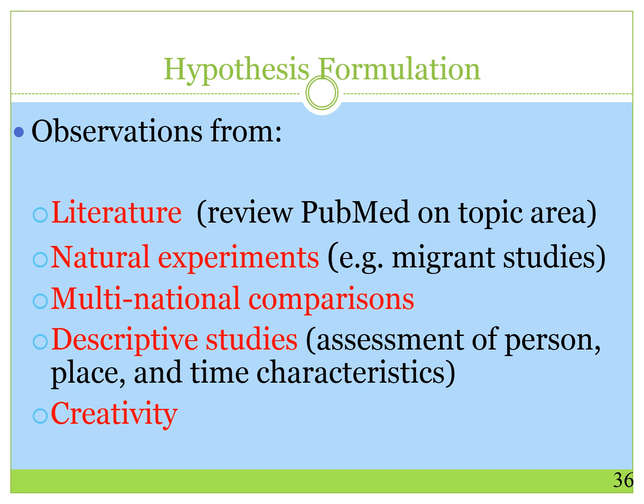We can also do multinational comparisons. We can also read descriptive studies, assessment of person, place, and time characteristics, and also from your own creativity, you can formulate your hypothesis.